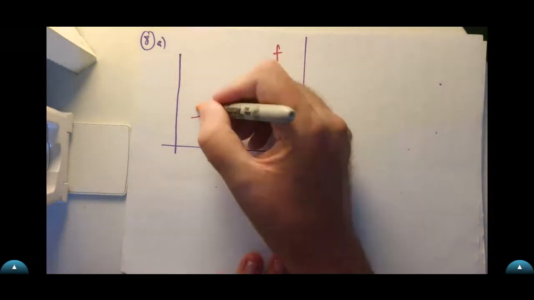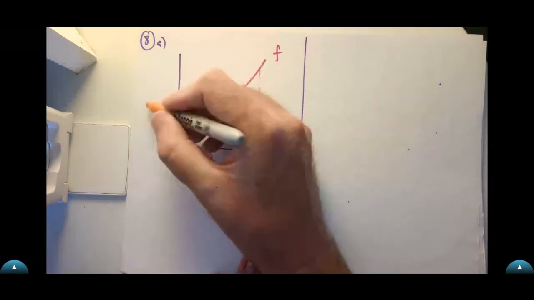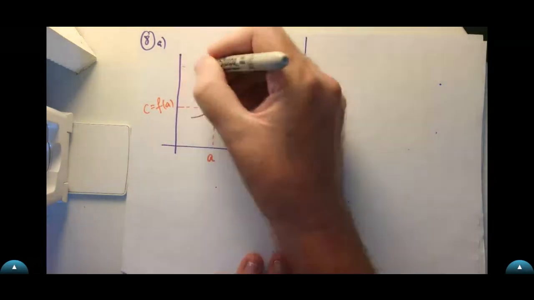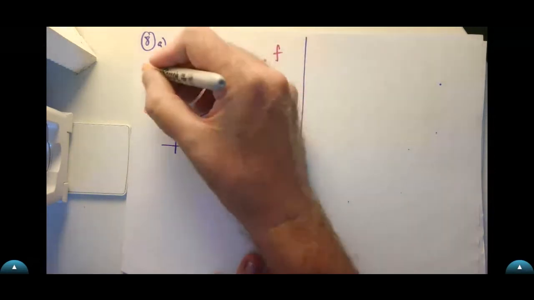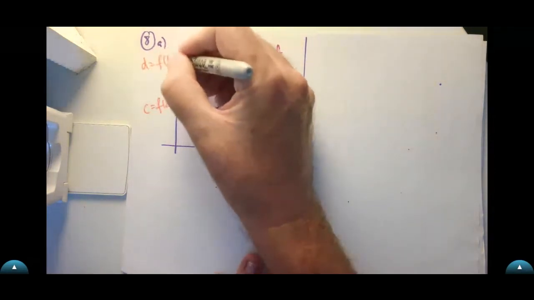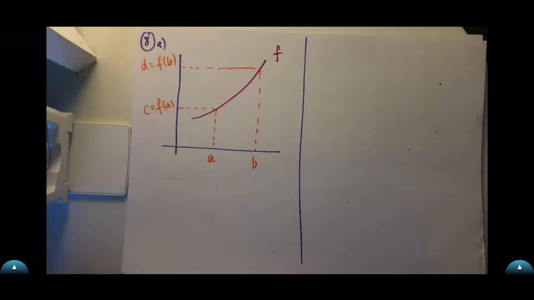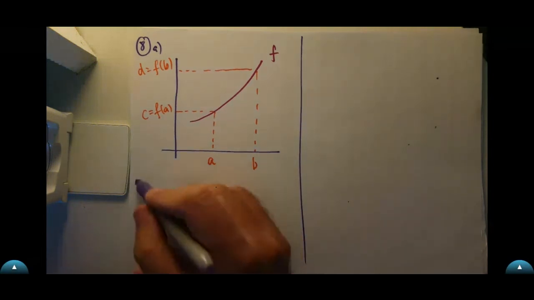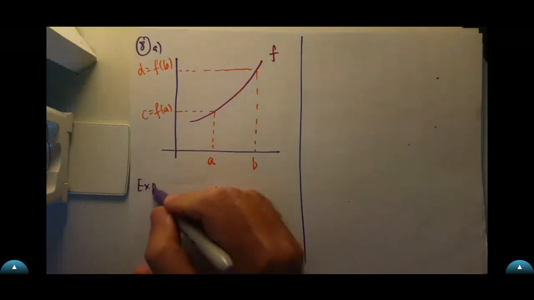And they define these points, the corresponding y points, C and D, in the following way. And what we're asked to do is to explain.